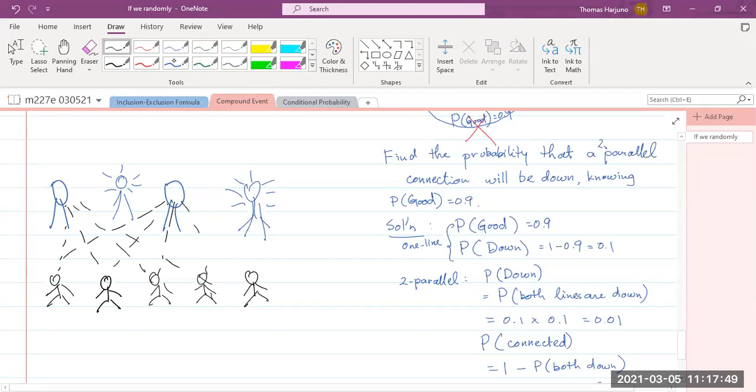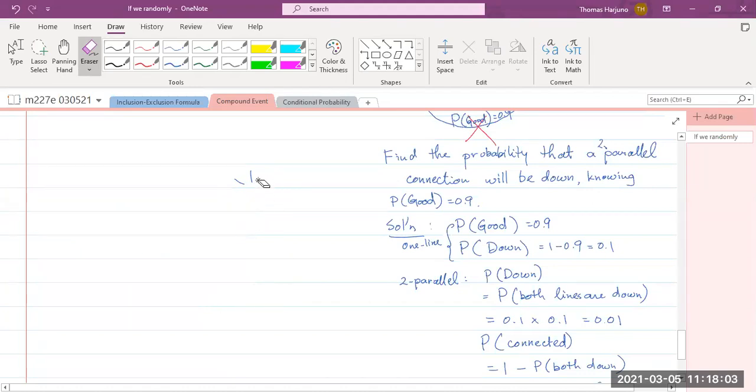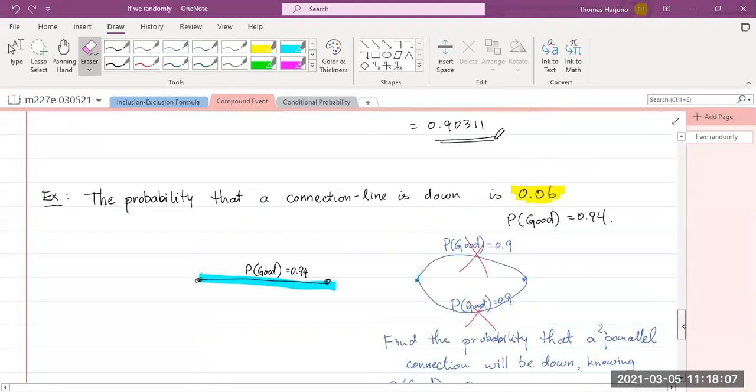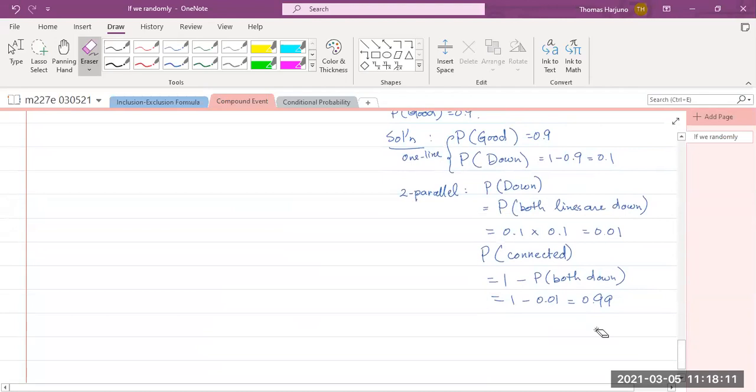Okay, now let's go back. That's for the compound events. We will see more compound events in future. But for now, let's just leave it here, and then let's move on.